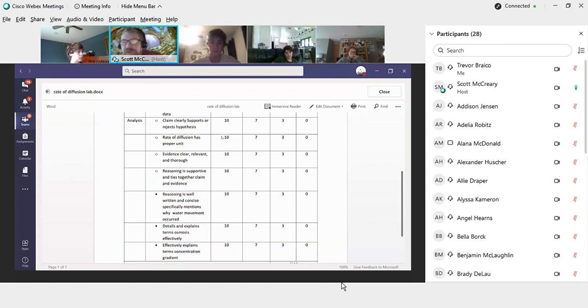What number would you use to support your hypothesis? Rate of diffusion. Okay. So let's say, I'm just going to make up a number. Let's say it's 100,000 centimeters cubed per second.